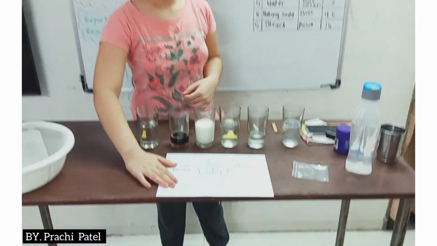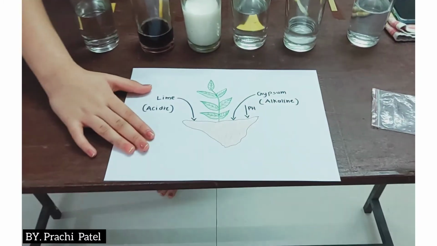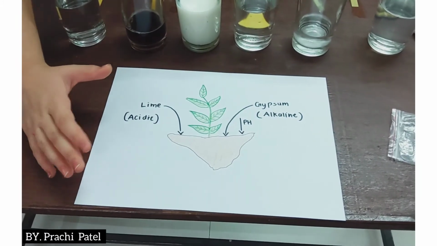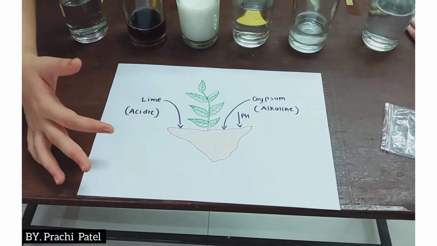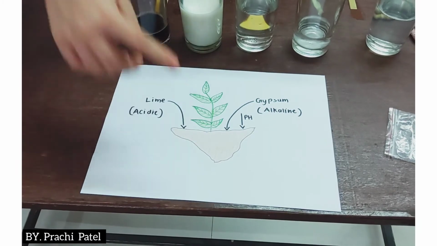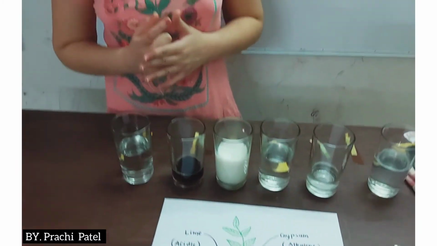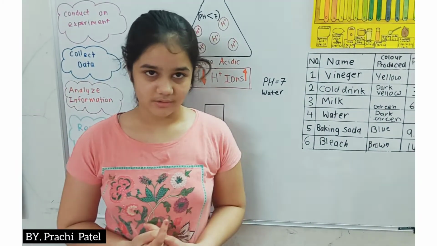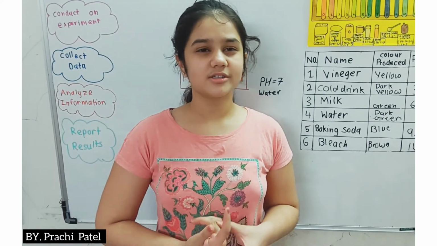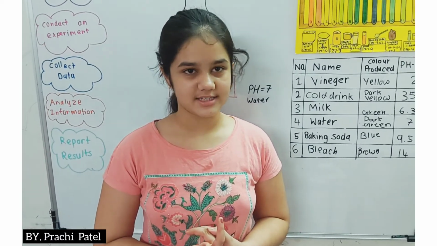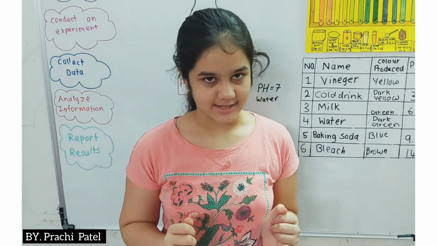Now let's see how it affects plants, trees, and nature. So we have soil. Each and every plant needs soil to grow. Sometimes we also use soil fertilizer to balance our pH scale.